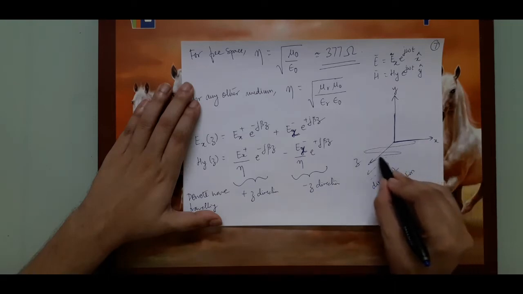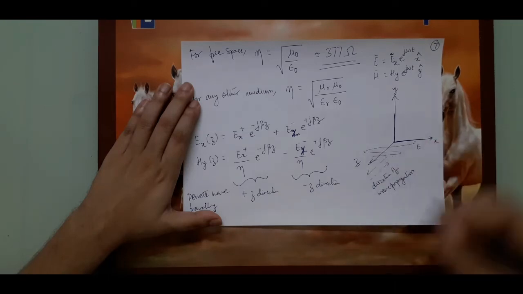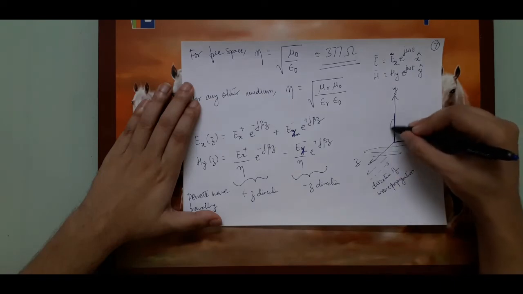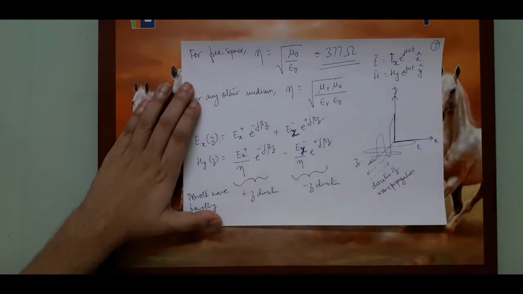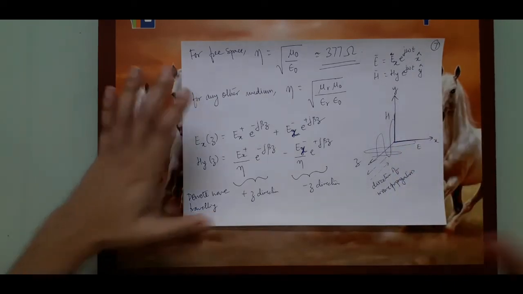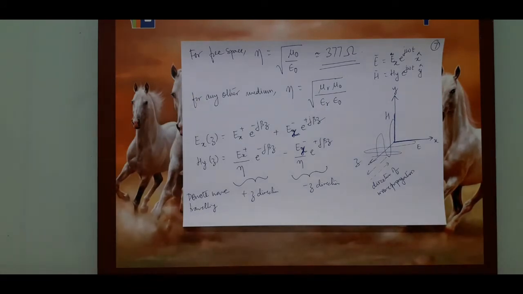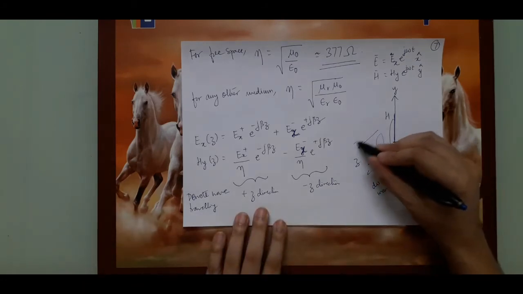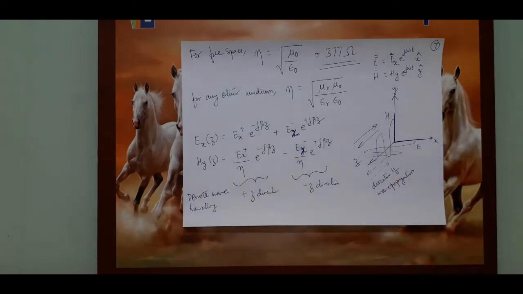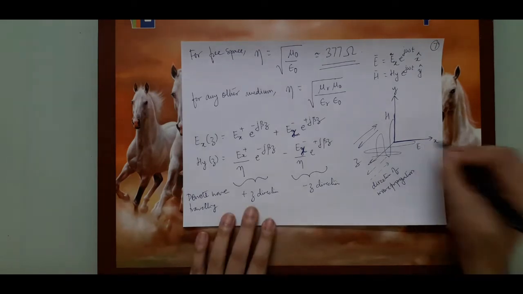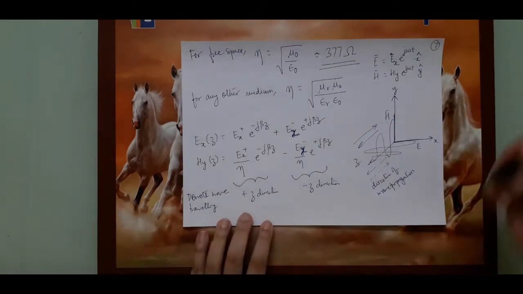Something of this kind. This is how the electric field vector will behave. This is how the magnetic field vector would behave. They would be like two orthogonal sinusoids. This is how these sinusoids will oscillate and the wave propagation will be either here or here. So this is one way to look at it. This is the E vector, this is the H vector, and the direction of propagation is orthogonal.